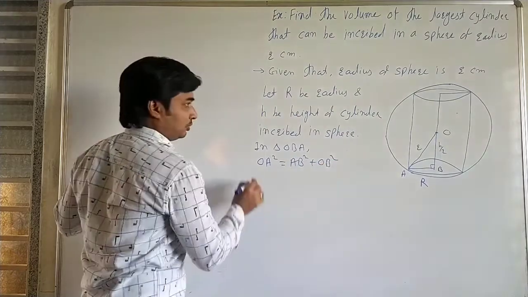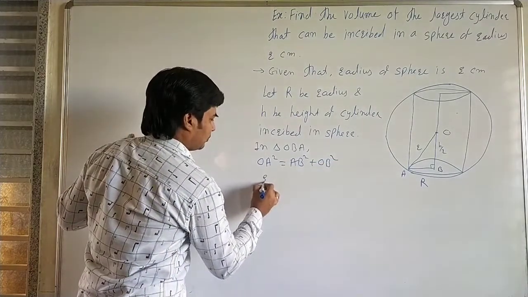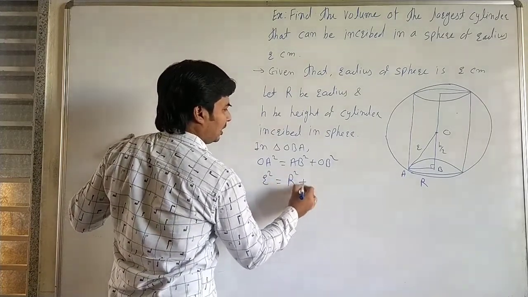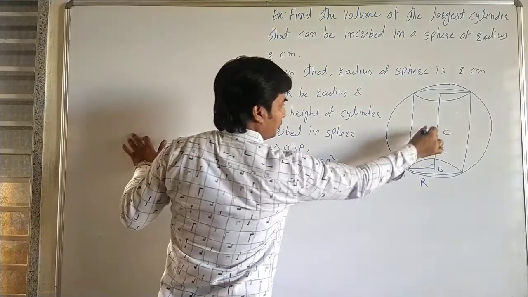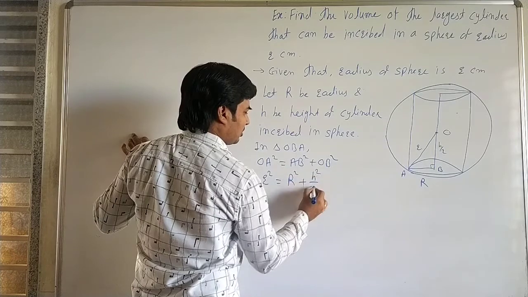Therefore OA is small r, so r square, AB is capital R, plus OB is H by 2, H by 2 square, that is H square by 4.